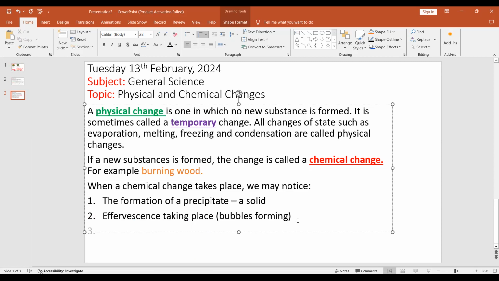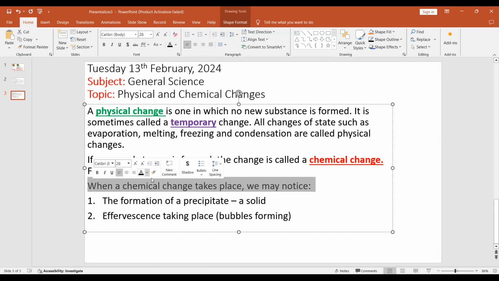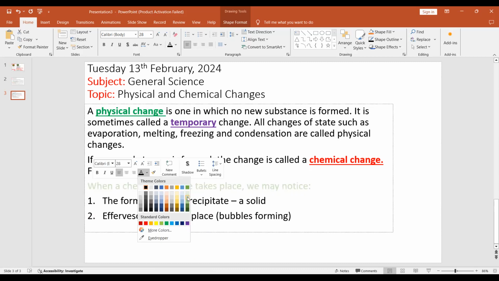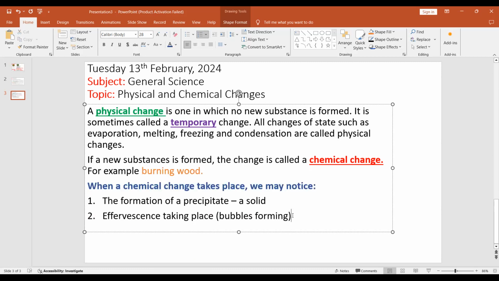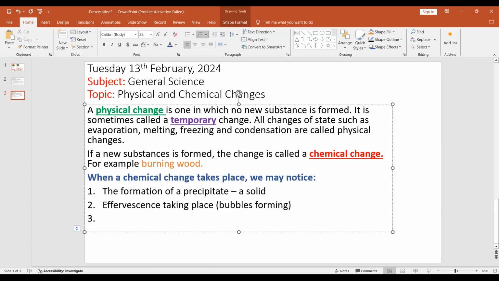So when a chemical change takes place, we can notice certain things. Effervescence, a precipitate being formed, like a solid, some powdery stuff coming out of the reaction. We might have some misty fumes forming.